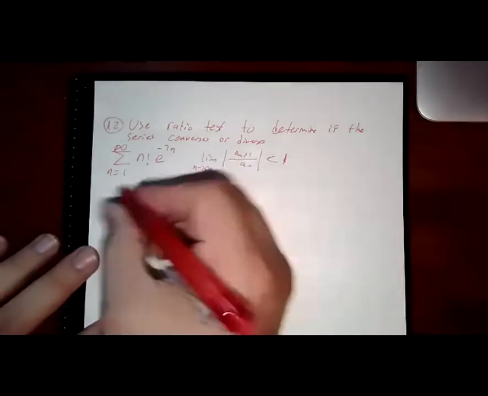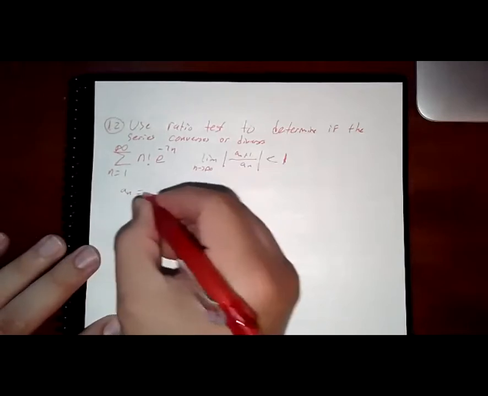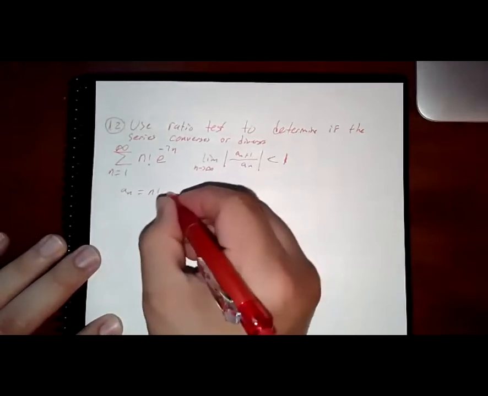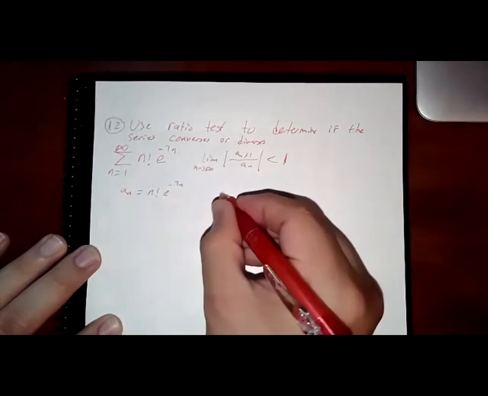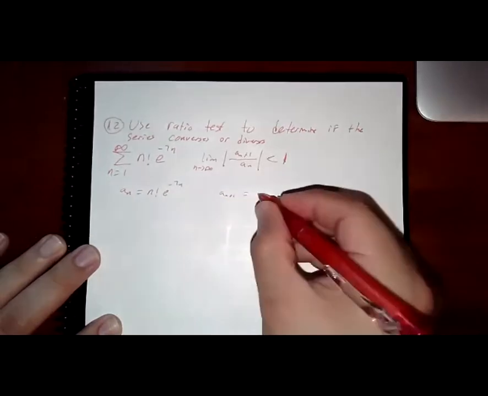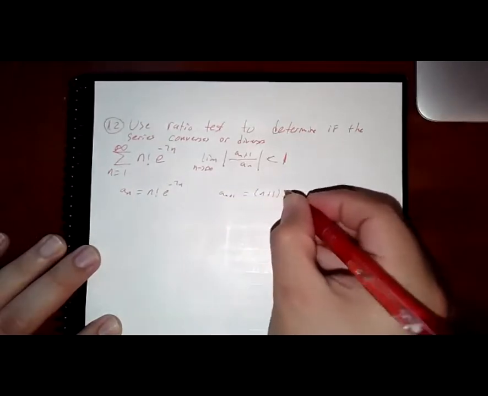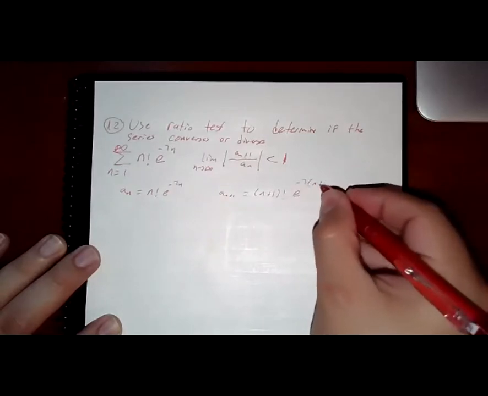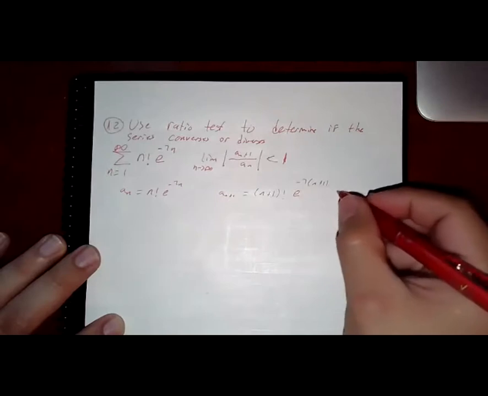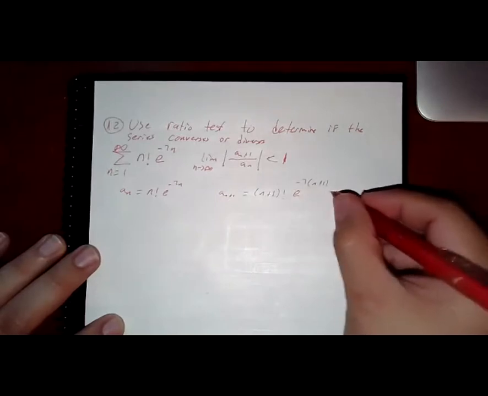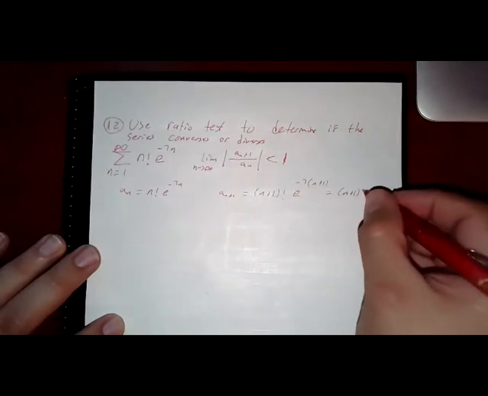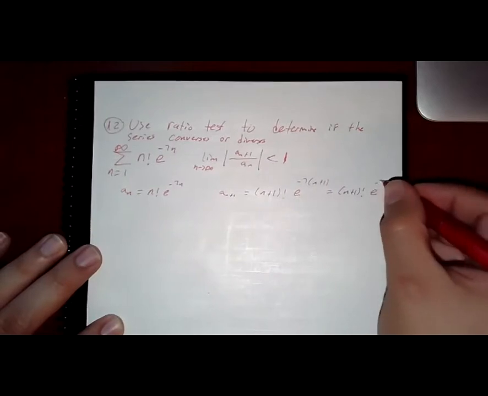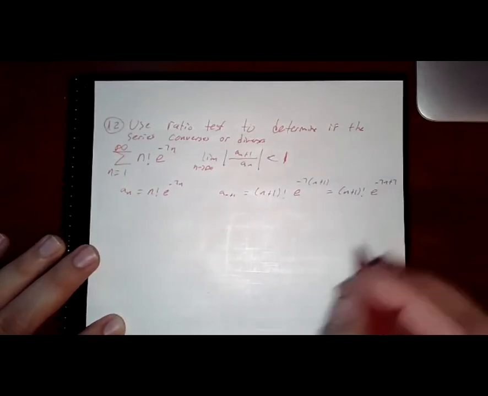So let's go ahead and write down a_n, this basic thing, right? Like you said. a_(n+1) is going to be (n+1) factorial times e to the negative 7, plug in n plus 1, which is going to be (n+1) factorial times e to the negative 7n minus 7.